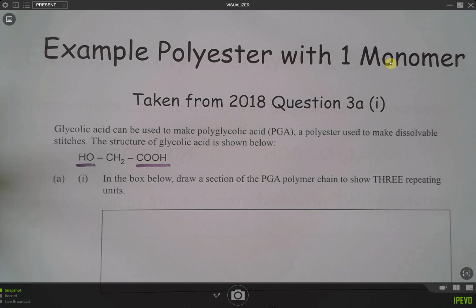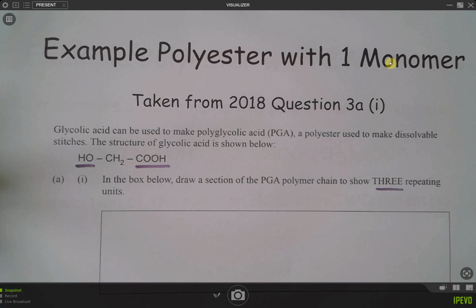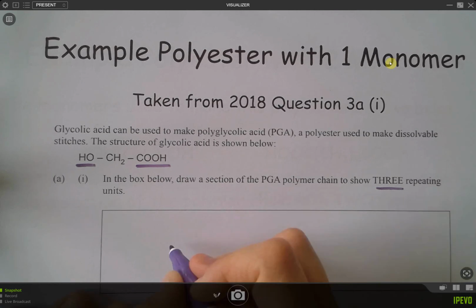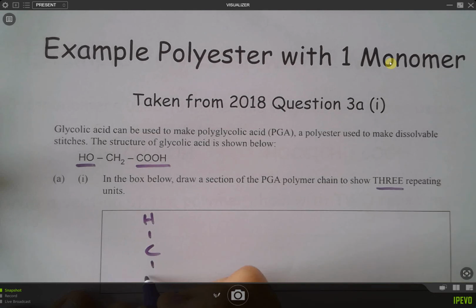So I'm going to use the same sort of structure that I did before. I'm going to draw the monomer so that way I can link it together. And again, they will specify how many repeats they want. So in this case, it's 3 repeats. So all I'm going to do to start off with is I'm going to draw my molecule. That's a monomer.